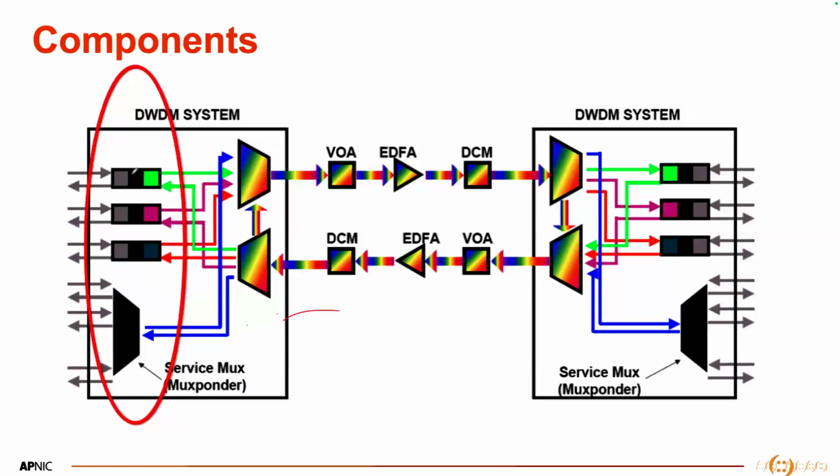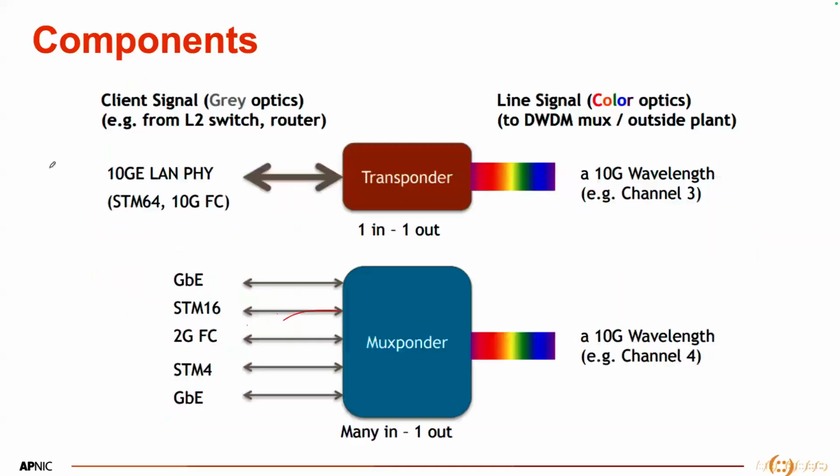Here, the lambda conversion or color conversion is happening. At the same time, client is onboarding and delivering, and at the same time, line is onboarding and delivering. So this is the task of OTU section or OTU cards. So they can be transponder, they can be muxponder.